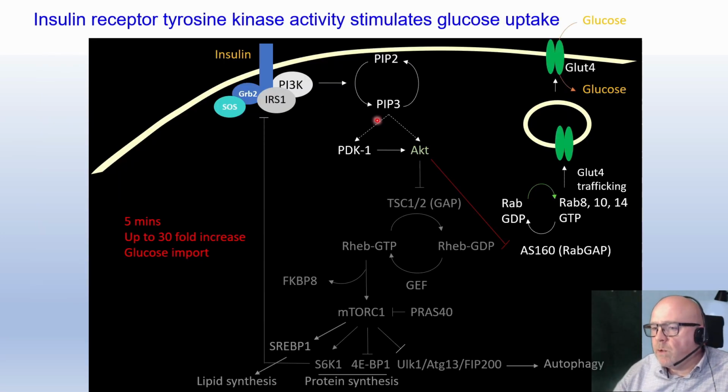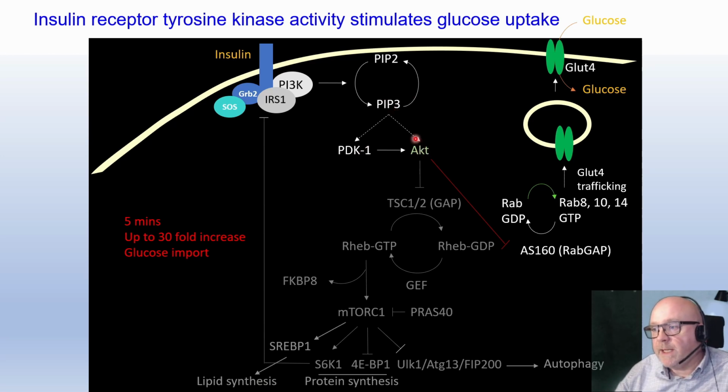This we have seen already, insulin stimulation of PI3 kinase, causing the generation of PIP3, so phosphorylation of phosphatidylinositol 4,5-bisphosphate to phosphatidylinositol 3,4,5-trisphosphate, which then this phosphorylated lipid is recognized by domains on these proteins PDK1 and AKT, which bind to it.